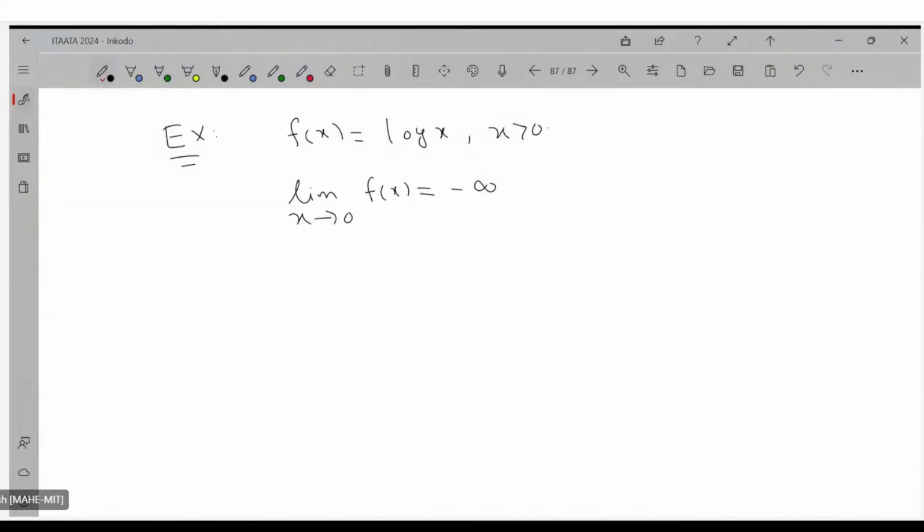Therefore, it's an infinite discontinuity. So x equals 0 is a point of infinite discontinuity of f.